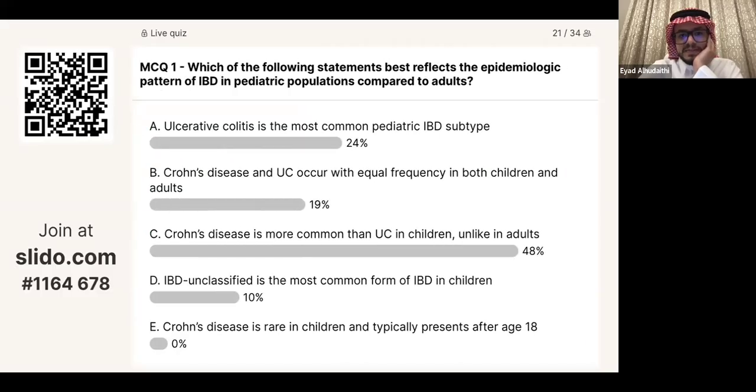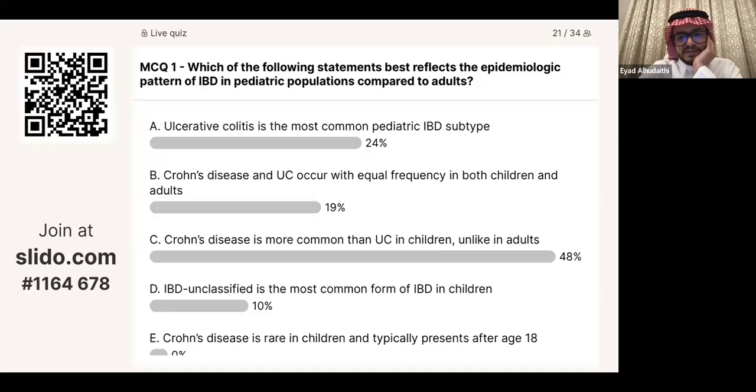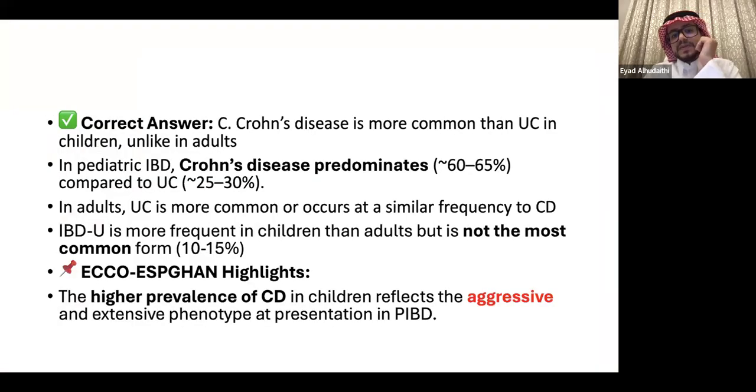So time is up, and most of you have got it right. Crohn's disease is more common than UC in children, unlike adults. In pediatric IBD, Crohn's disease is predominant. It can reach 60 to 65%, compared to UC, which can reach one third of the IBD population. In adults, UC is more common and occurs at similar frequency to Crohn's disease.